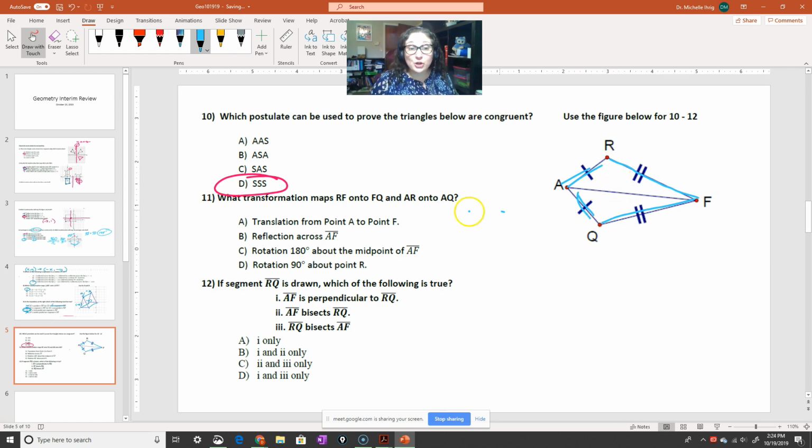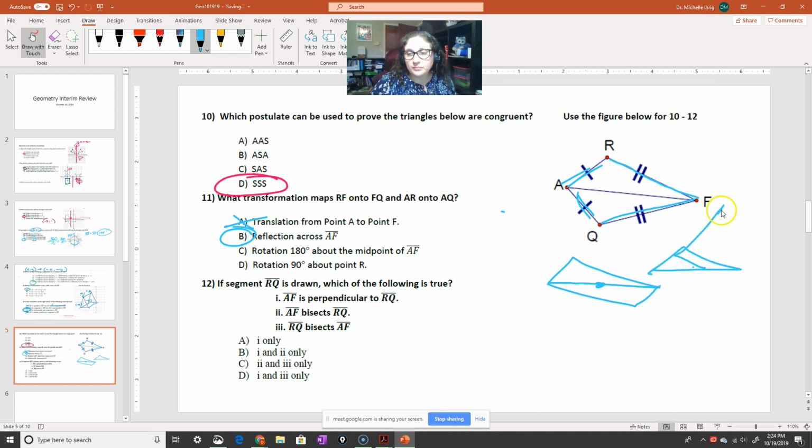Did it translate? Nope, it flipped, so it can't be this one. Did it rotate? If it rotated, it's going to be choice B. It was a reflection. If it rotated, the difference would be that here would be our long point here, and then here we'd have our long point like this. That would be a rotation. So that's why it's not C. And a 90-degree rotation would look like this. So that's why it's not D.